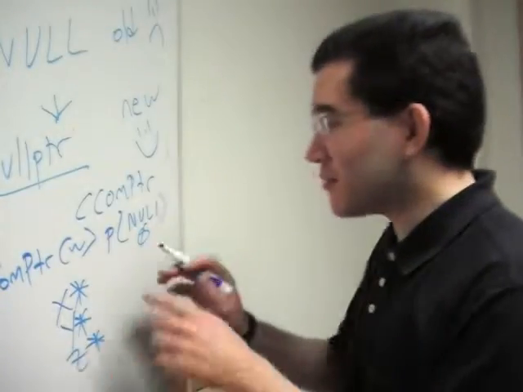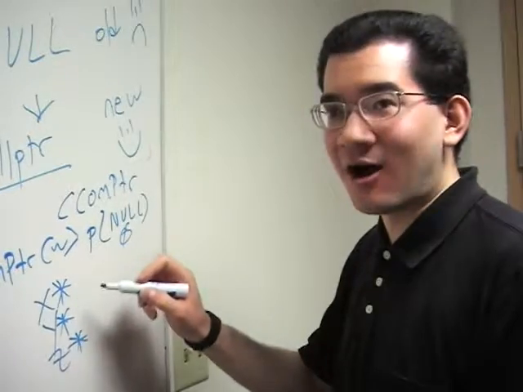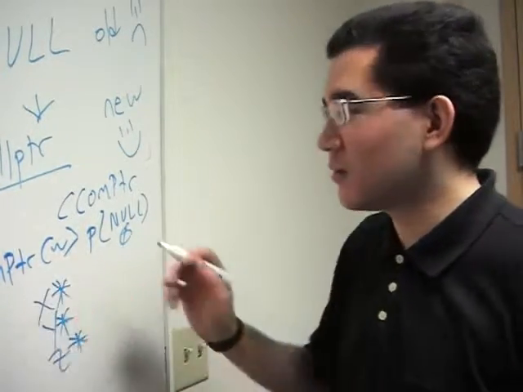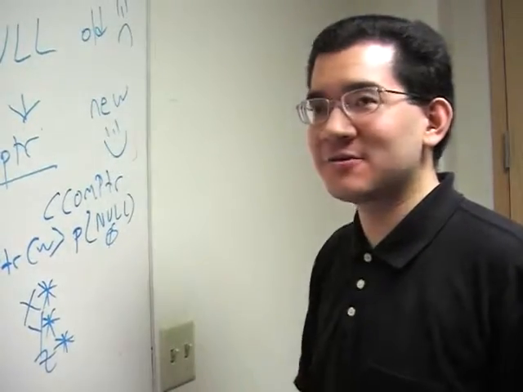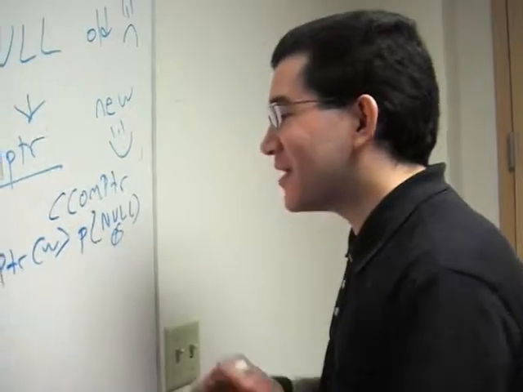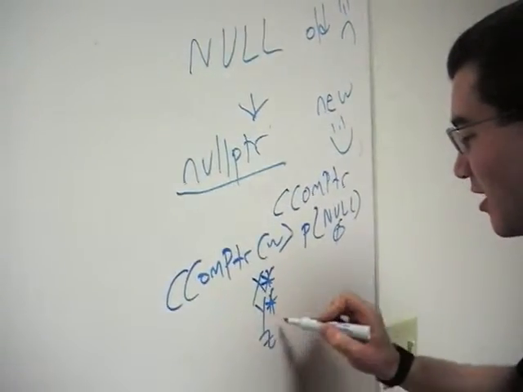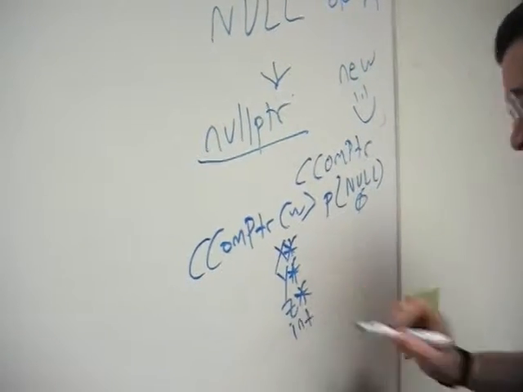You could work around this by saying static_cast or just use a C cast to X star, saying this is the pointer that I want. But when we designed CComPtr, we didn't want people to do that. So we gave it not only constructors from X star, Y star, and Z star, but also from int.